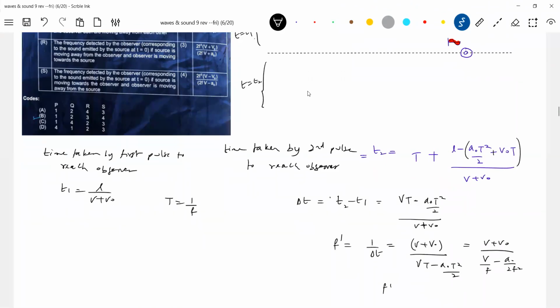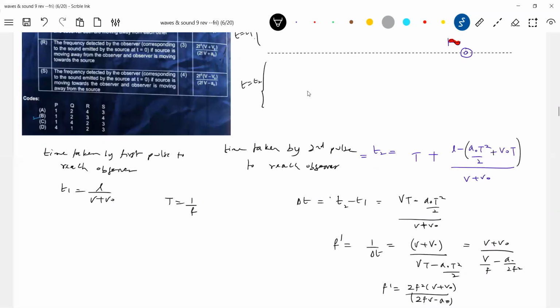Okay, this will be F dash is equal to 2F square times V plus V naught, minus a naught. Check it now.